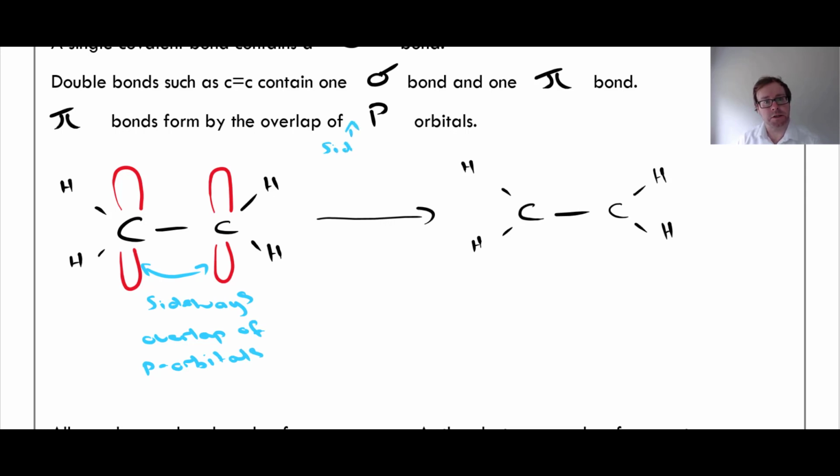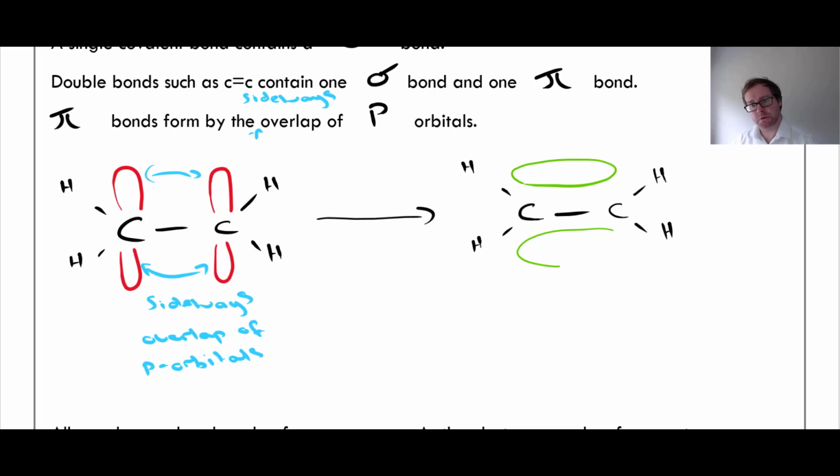Let me try again. So we'll include the words sideways overlap of p orbitals. Okay, so here we have the p orbitals starting to overlap, and when they overlap we form a pi bond.